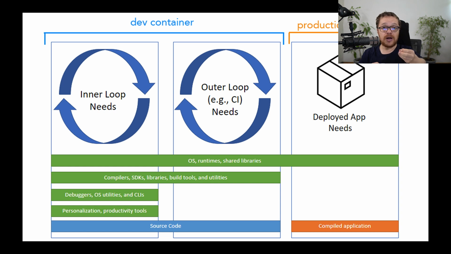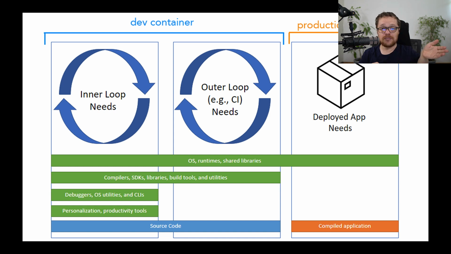So I know that my continuous integration and continuous delivery uses the same SDK when they push that artifact to production. In my inner loop then, I also want to have my debugger, my operating system utilities, and my command line utilities. I also want to personalize it and add my own personal productivity tools.